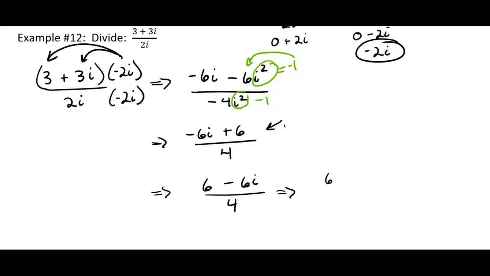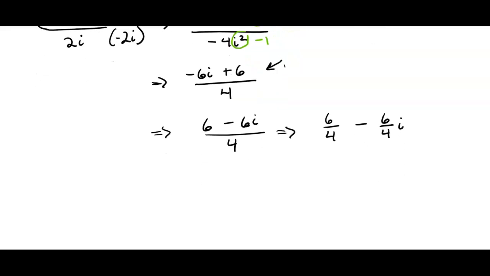So I'm going to put 6 over 4 minus 6 over 4i. Okay, so that's like what we did on the last problem. And then I'm going to simplify the fractions. So we still simplify the fractions if we can. So 3 over 2 minus 3 over 2i.